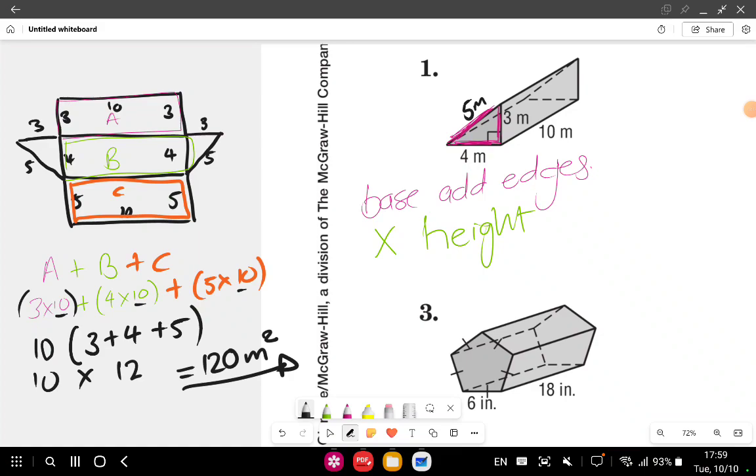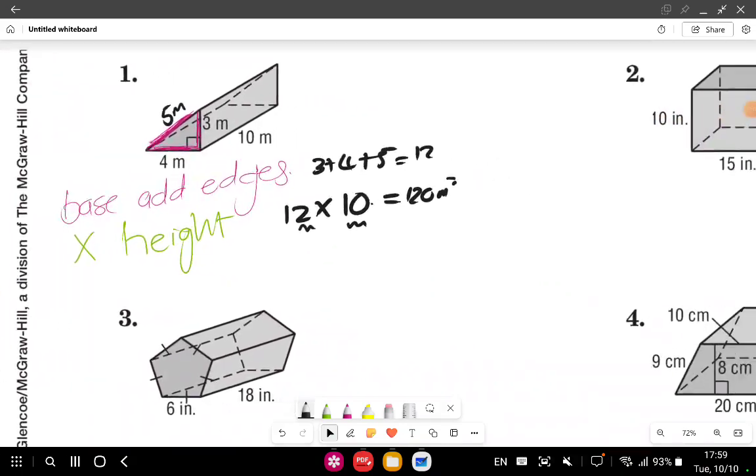So what did we do? We said 3 plus 4 plus 5 gives us 12, and we say 12 multiplied by 10 gives us 120 meters squared. Meters and meters. So having done that on question number 1, let's see if we can do it on question number 2.